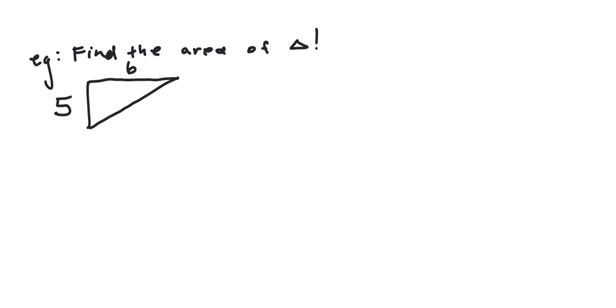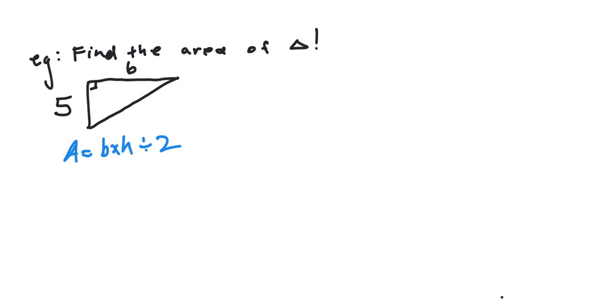So it's the 2 sides that form the 90-degree angle in the triangle that we used for the base and the height of the triangle. So let's start with our equation. So the area of the triangle is base times height divided by 2. So we always write that out. And then we go and use the base and the height.